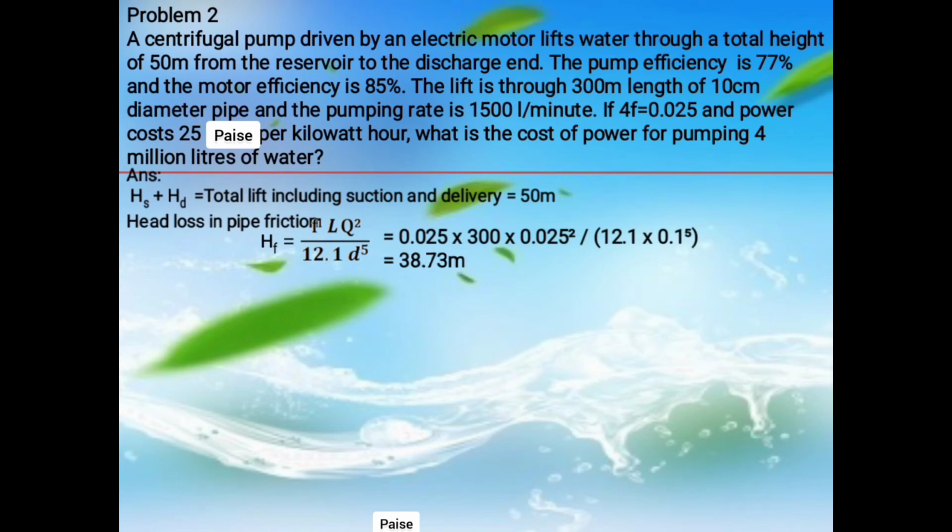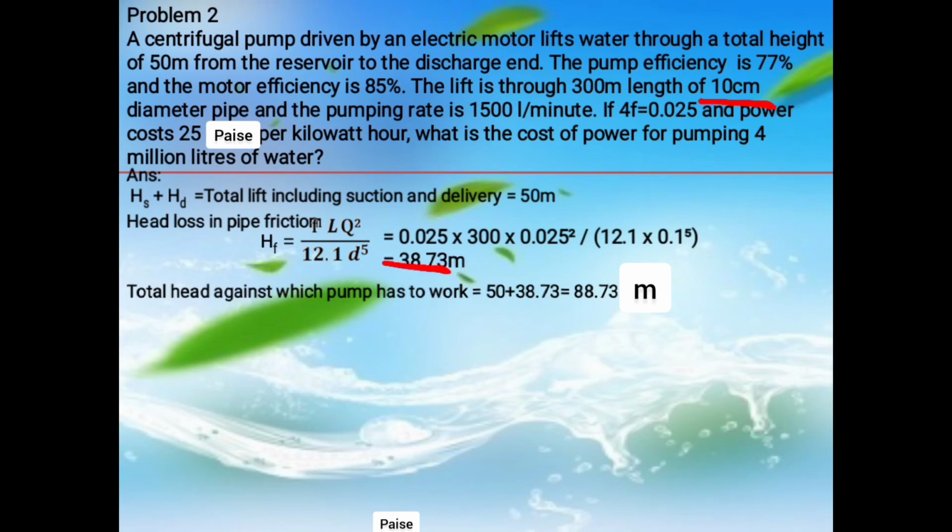D is the diameter 10 centimeter, that equal to 0.1 meter, 0.1 raised to 5, that equal to 38.73 meter. Then total head against which the pump has to work equal to 50 plus 38.73 equal to 88.73 meter.